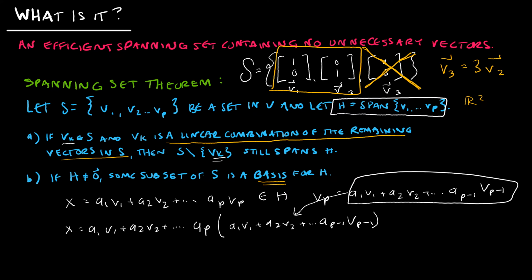That's all I'm doing. So what's the purpose of that? Why did I do that? Well, we've got this x that's in H, and that x can be written as a linear combination of everything excluding vp. Therefore, what have I just shown?